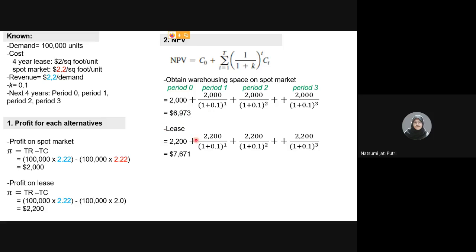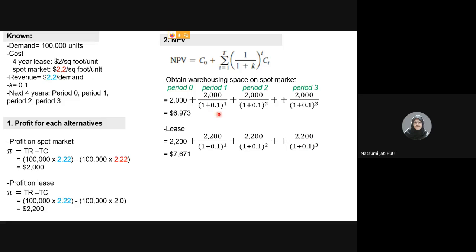And for the lease, also the same: the profit on lease here is 2,200, plus 2,200 divided by (1 plus 0.1) to the power of 1, plus the same but to the power of 2, and plus the same but to the power of 3.